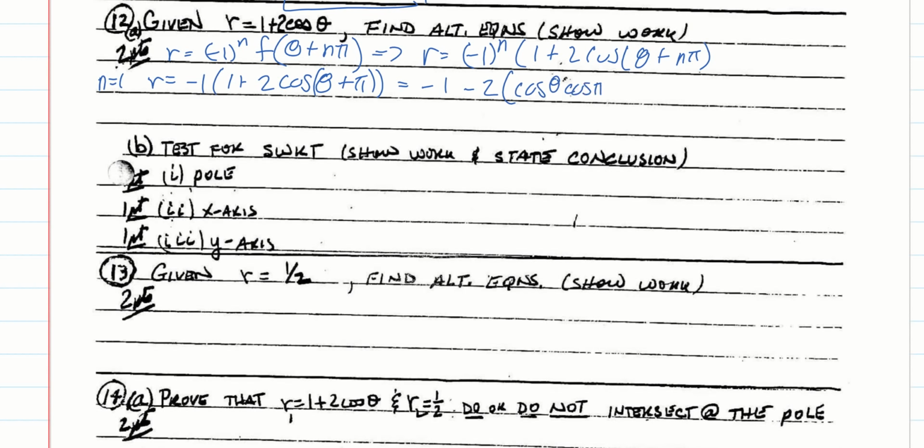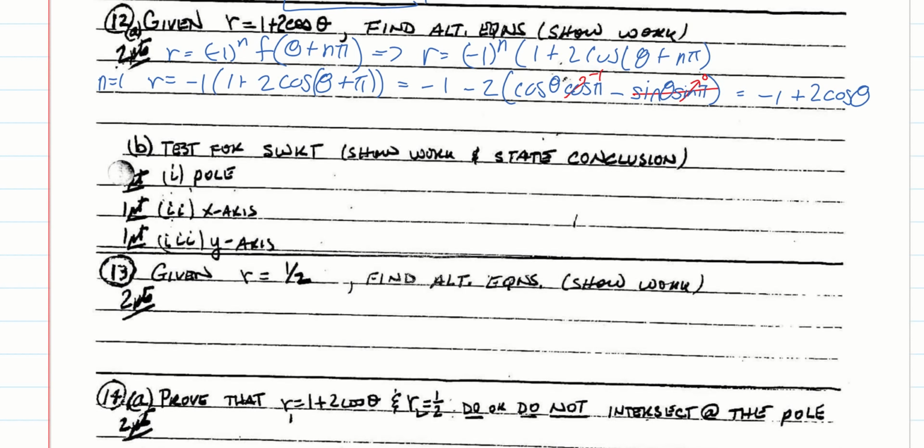So this goes to -1. And it's plus, so it becomes minus sine theta, sine pi. This goes to 0. So all this goes to 0. Then we're just left with -1 plus 2 cosine theta as an equivalent equation.